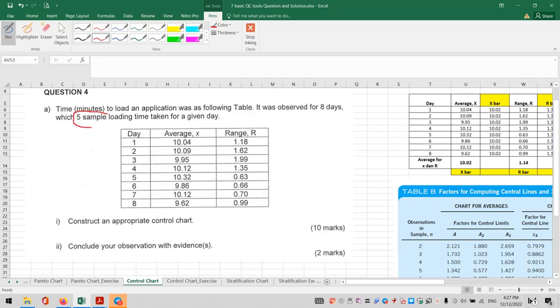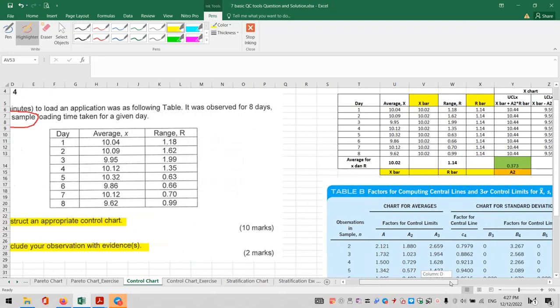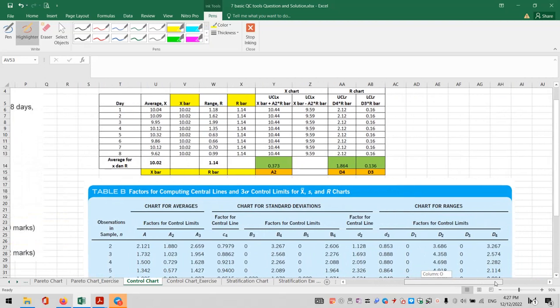So we use 5 samples, loading time taken for a given day. The question asks you to construct an appropriate control chart and to conclude your observation with evidence. So the total is 12 marks.